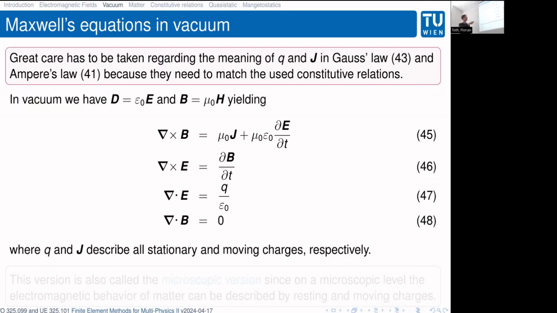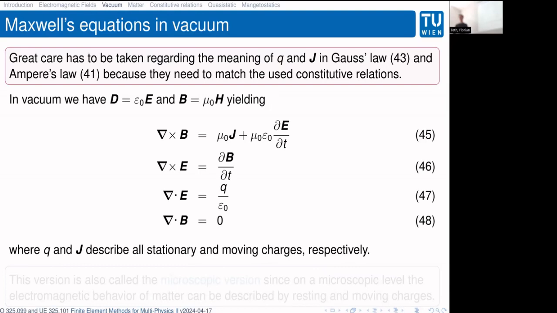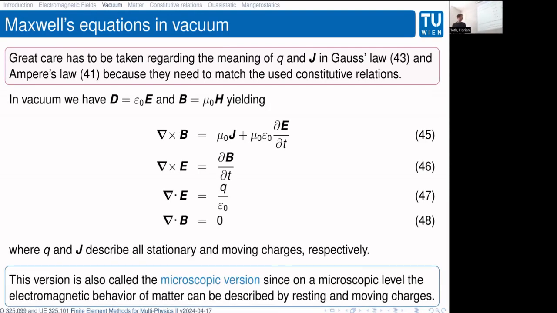So in vacuum, we have D is epsilon 0 times E, so the free space permittivity times the electric field, and the magnetic field is mu 0 times H, so the free space permeability times the H field. And then that's all you need to describe the electromagnetic fields.